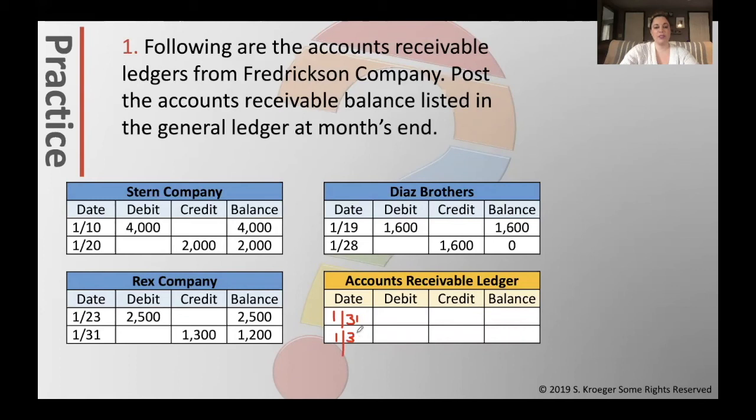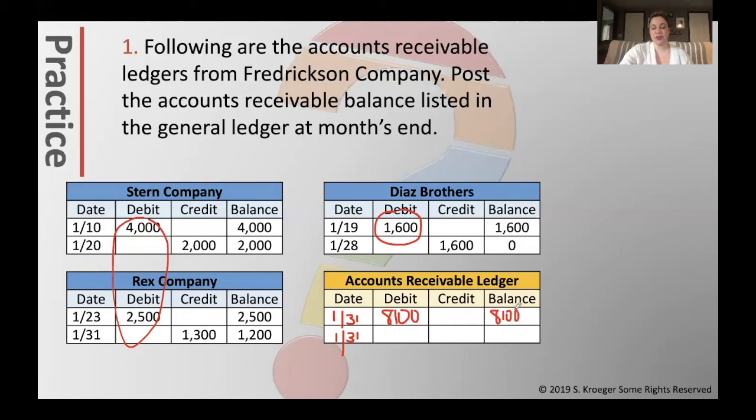What was the first step that we need to do? Add up all the debits. Add up all these debits, and what do you get when you add it up? When we add the 3 up, we get 8,100. So we'll put 8,100 in the debit box. And then in the balance box, we just put the 8,100.